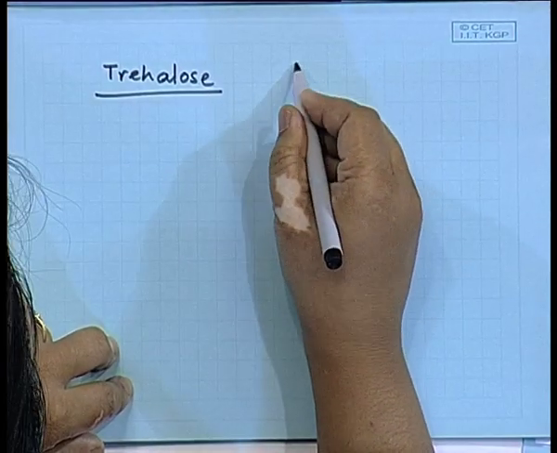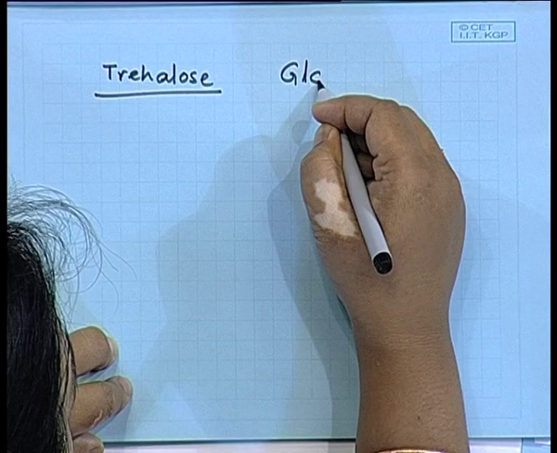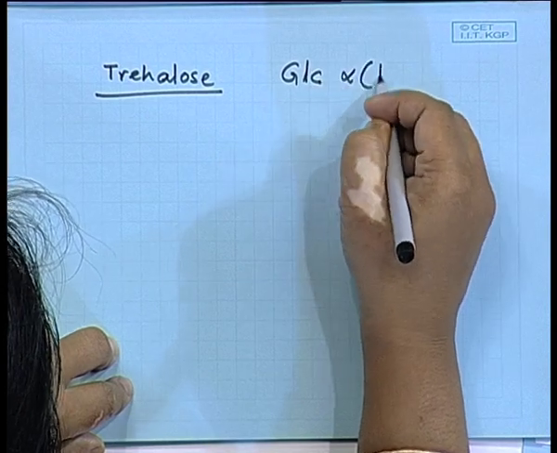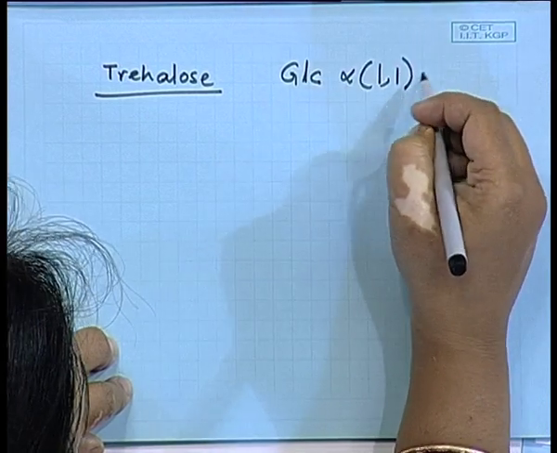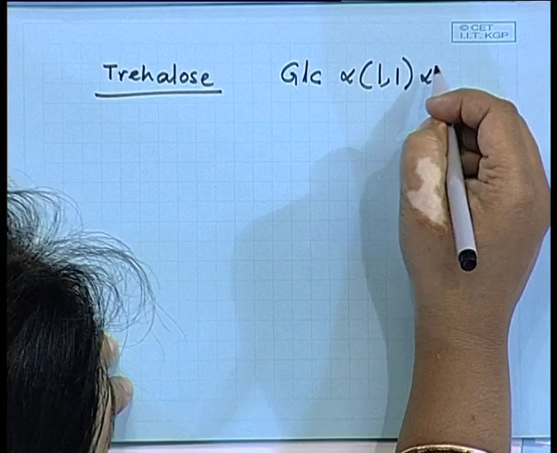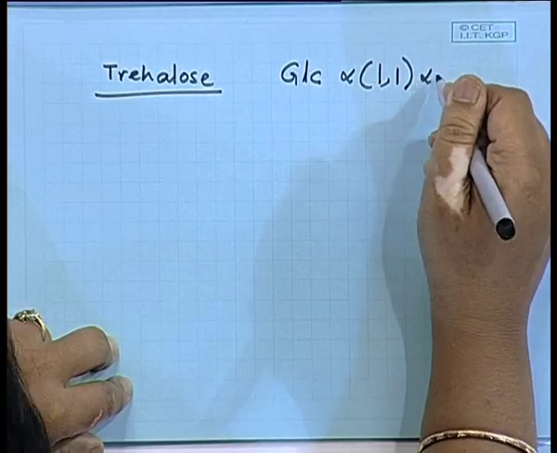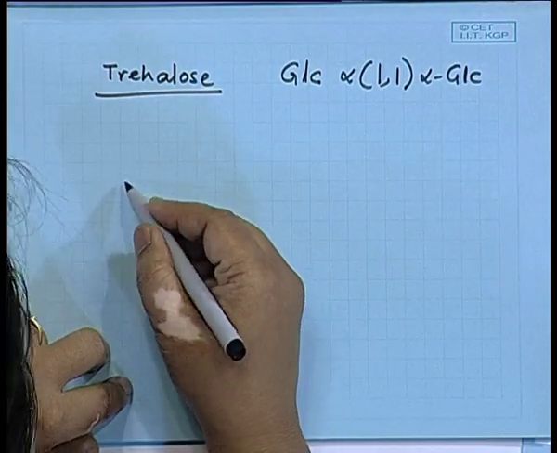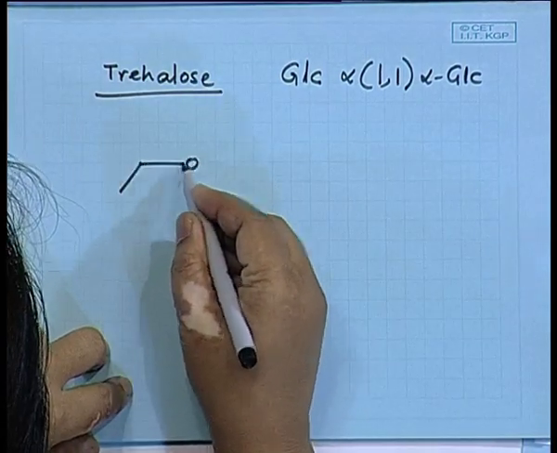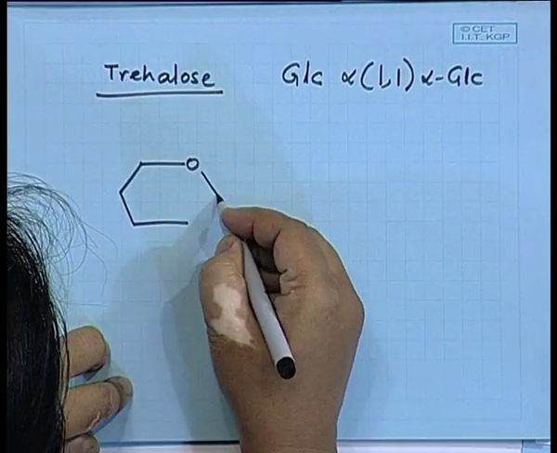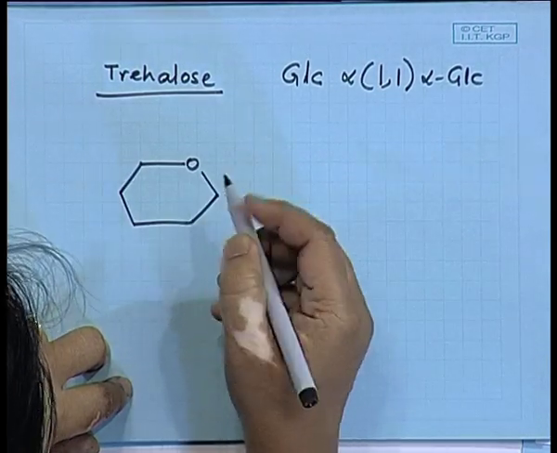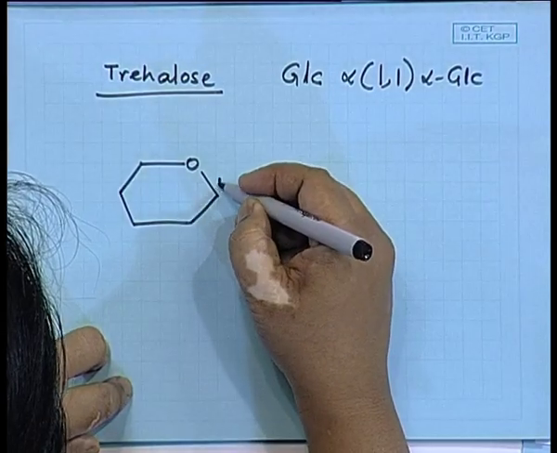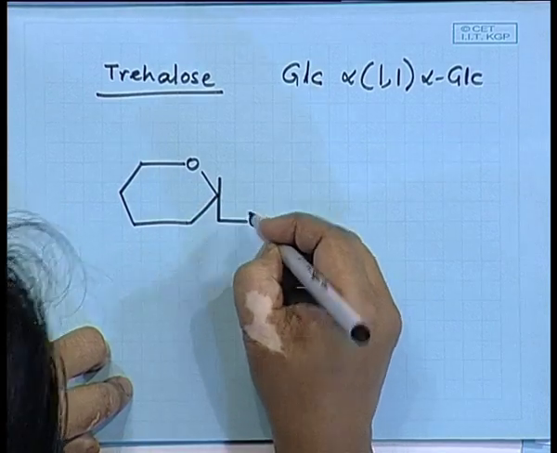This is glucose alpha 1,1. Actually, alpha 1,1 alpha glucose is written here, which means that the other glucose is also alpha. So, this is what we have when I write this. How will I write the O? Down, right.